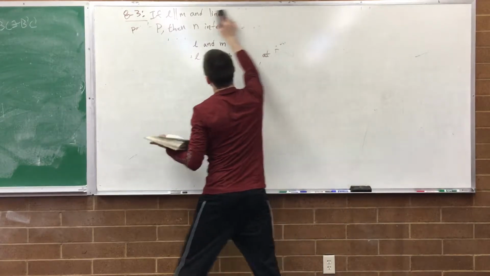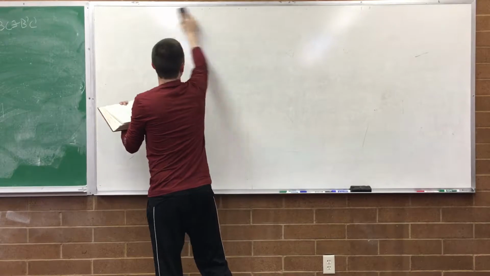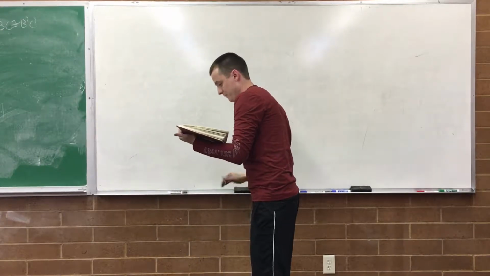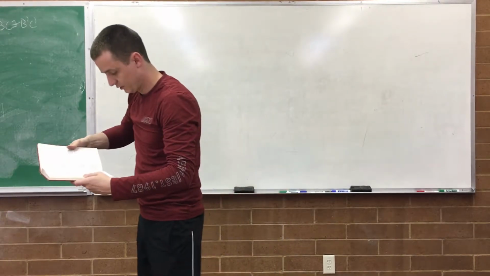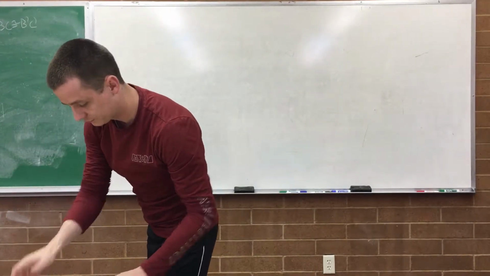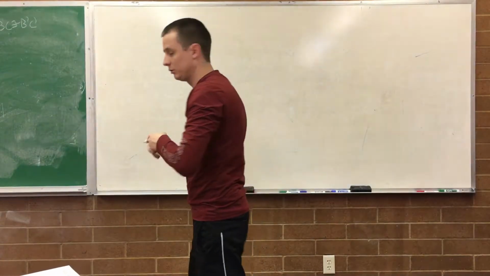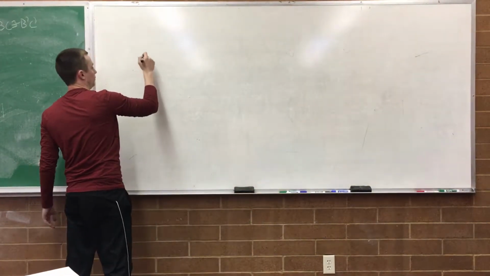Oh, we need our definitions first, and then we can talk about that. So I'm not going to write out words for all these definitions. I'm just going to draw the picture and then walk you through what they are.